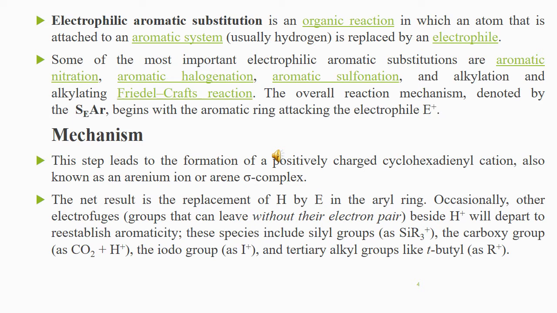That when mostly a hydrogen of an aromatic system is replaced by an electrophile, that is called electrophilic aromatic substitution. The electrophile has substituted one substituent of the aromatic ring, mostly hydrogen.